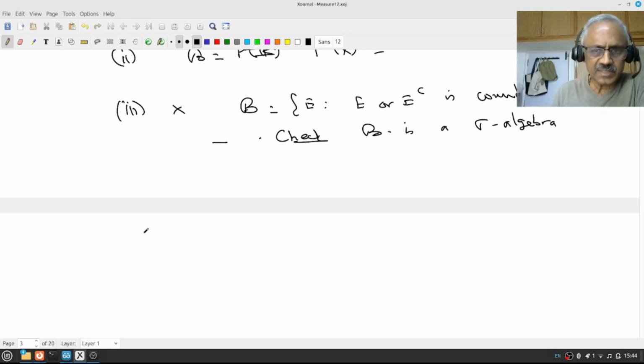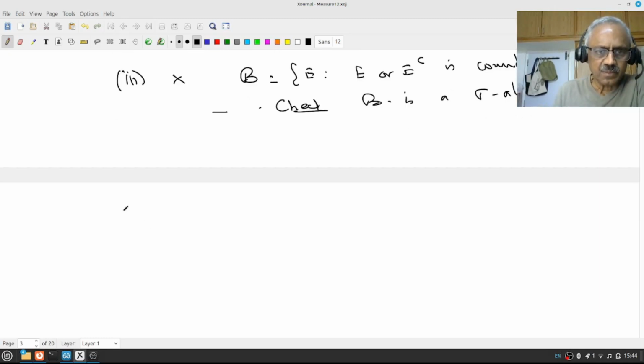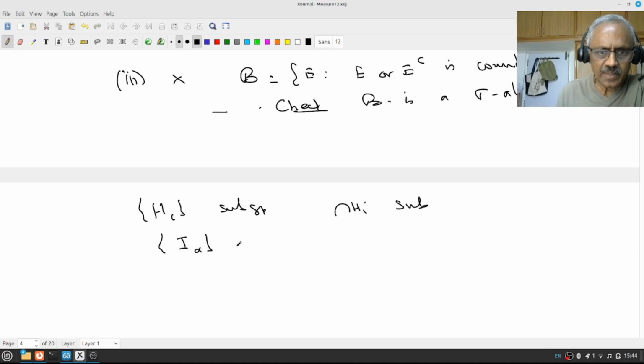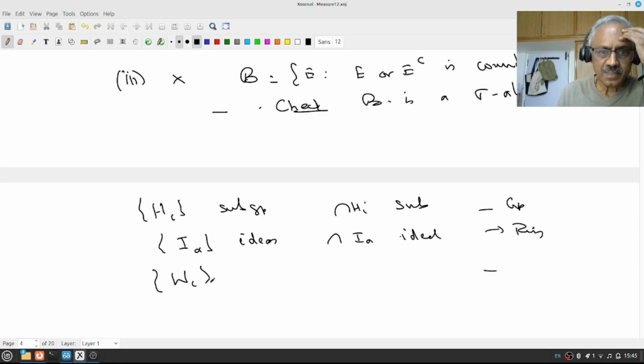But the very interesting thing is this. You must all have learned that if H_i is a family of subgroups, then the intersection of H_i is a subgroup. Similarly, if I_alpha is a family of ideals, then the intersection of I_alpha is an ideal, in ring theory. That was group theory, this is ring theory. In linear algebra, if W_i is a family of vector subspaces, then the intersection of W_i is a vector subspace.